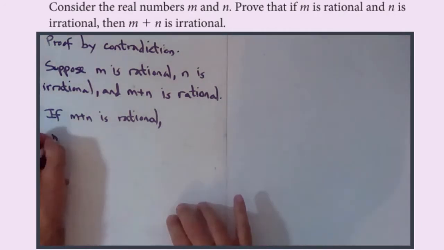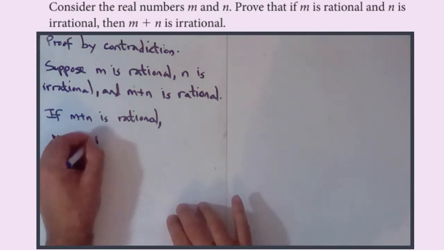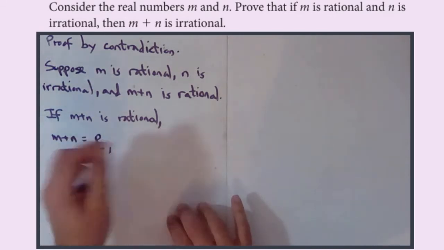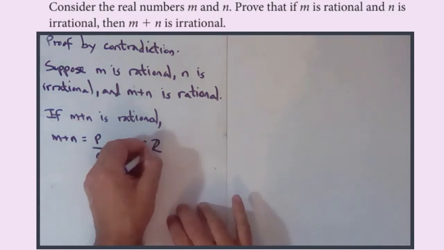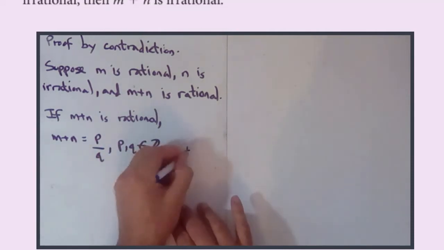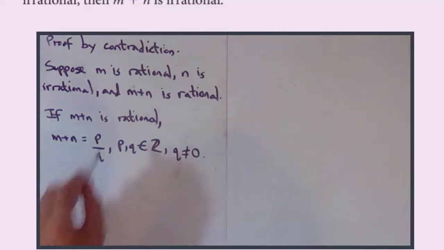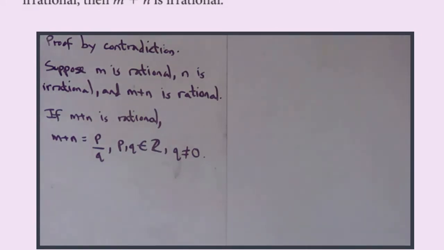So m plus n equals p over q. p and q need to be integers. q can definitely not be 0, because dividing by 0 creates something undefined, not a nice rational number. Another condition you'll sometimes see is that they shouldn't have any common factors other than 1, but it's not a deal breaker. It just means it's not a simplified fraction.